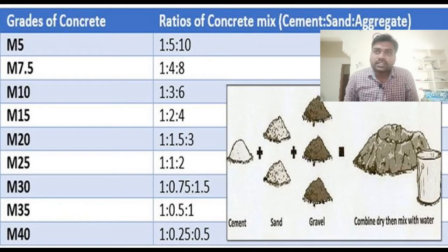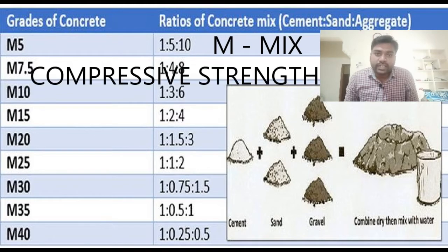Basically, for this grade of concrete, whatever M5, M7.5 and so on indicate, M stands for mix, and the numbers indicate the compressive strength of that concrete, as per IS 456.